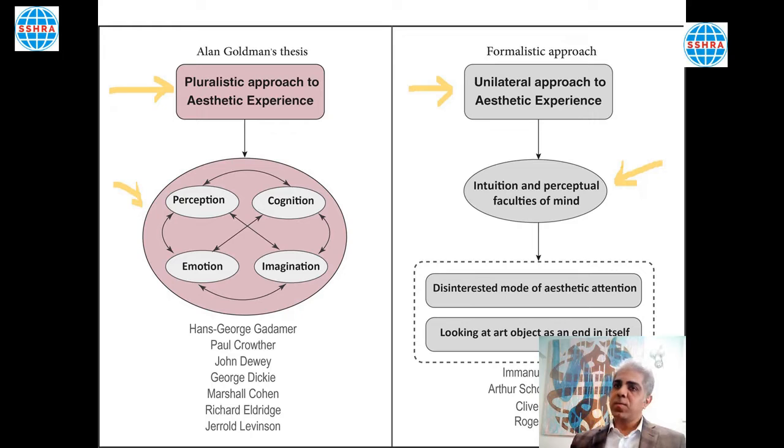They are influenced by Schopenhauer and Kant, who said that spectators should attend to the work only through a disinterested mode of aesthetic attention, or look at the art as an end in itself, without considering its historical, cultural, and other contexts. Okay, here is just an overview.